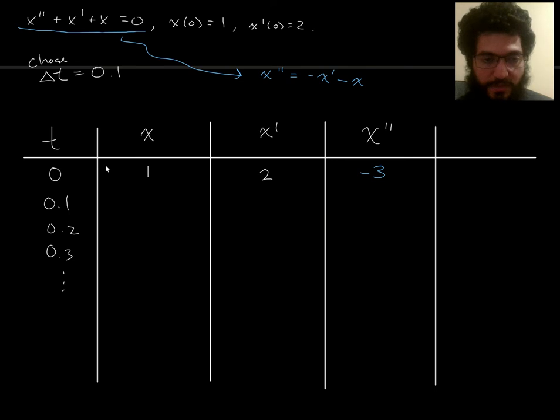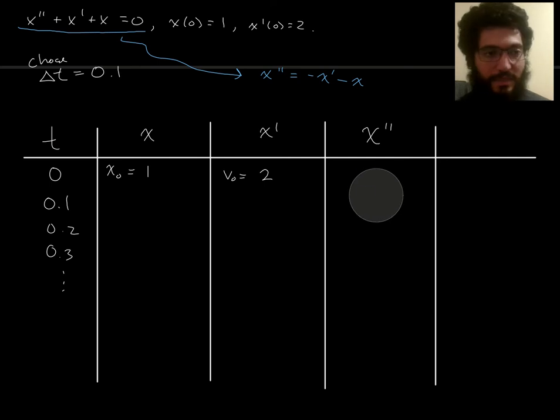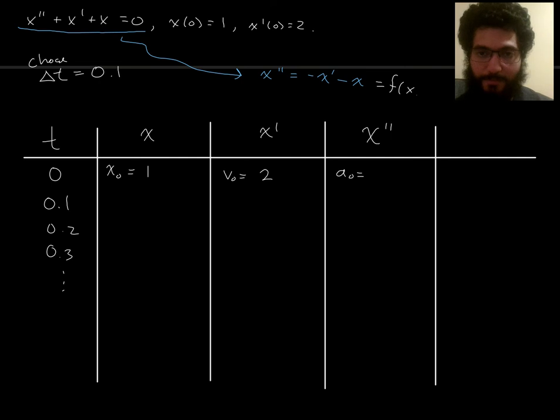Let's give these names. So this is x, let's call this x naught. Let's call this v naught, maybe, for velocity, even if x is not necessarily a position of something. Let's just refer to x prime as velocity and x prime prime as acceleration. Maybe x is something else, like a population or something, but we can still say velocity and acceleration. So let's call this a naught equals, and then instead of explicitly writing what this is, let's just call this f of x, x prime, and it could have involved t, it just happens not to.